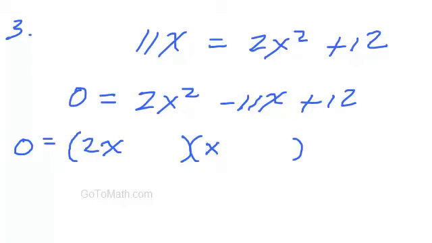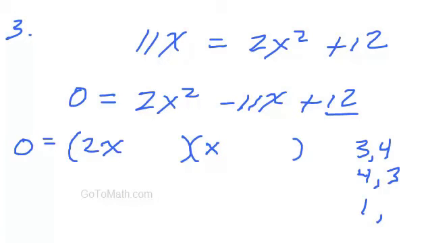So when we multiply these two terms together, we're going to get this 2x squared minus 11x plus 12. Now here's the kicker. You're looking at 12 over here, right? So what two numbers can I multiply together to give me 12? Well, 3 and 4. I could actually do 4 and 3. In other words, 3 goes here, 4 goes here, or 4 goes here, 3 goes here. So this is like a trial and error thing going on.